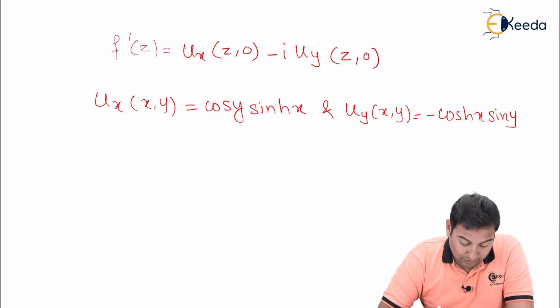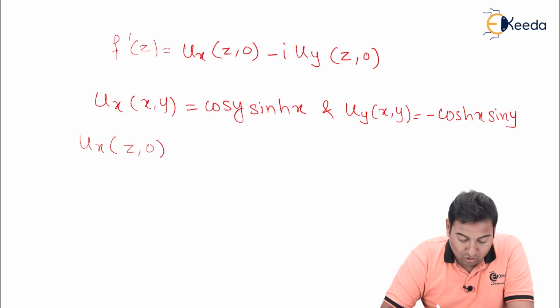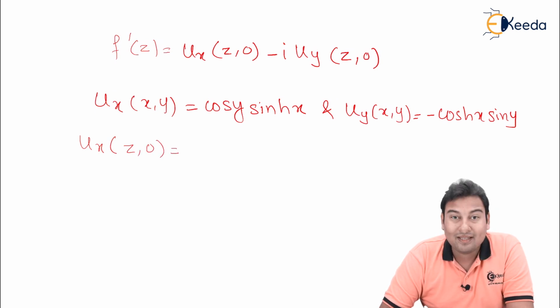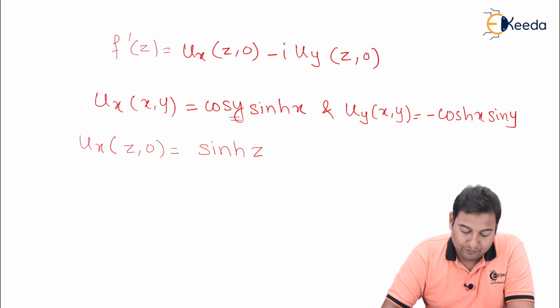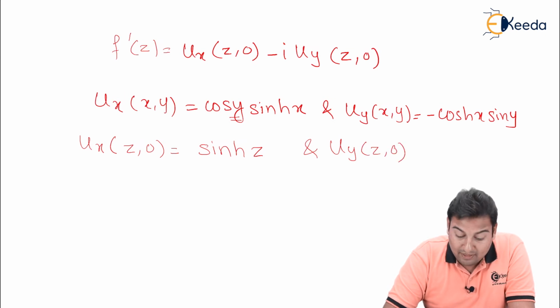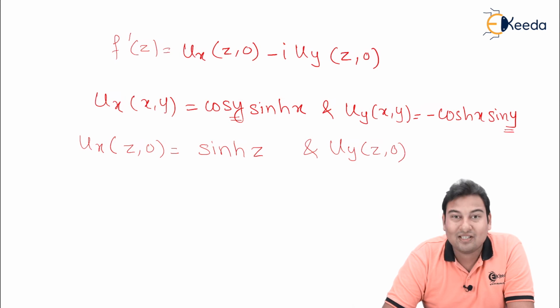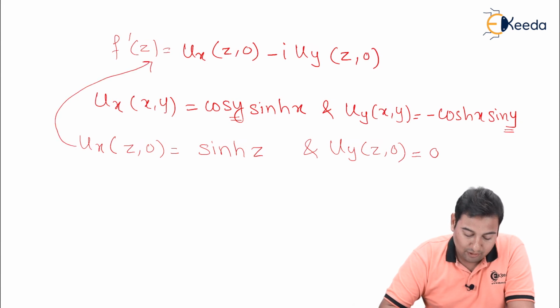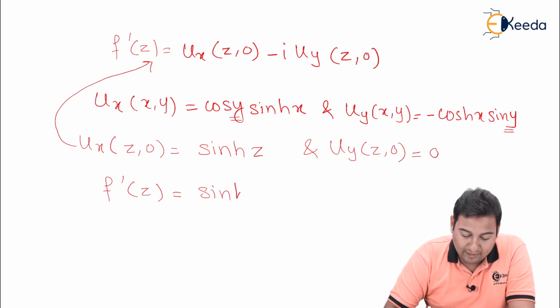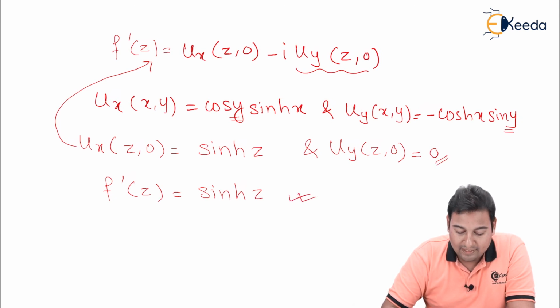For ux z comma 0, you replace x with z and y with 0, so cos 0 becomes 1, and this is sin hz. For uy of z comma 0, if you replace y with 0, this becomes sin 0, which is 0. Putting these values in the equation, f dash z is sin hz minus 0. So f dash z is basically sin hz.